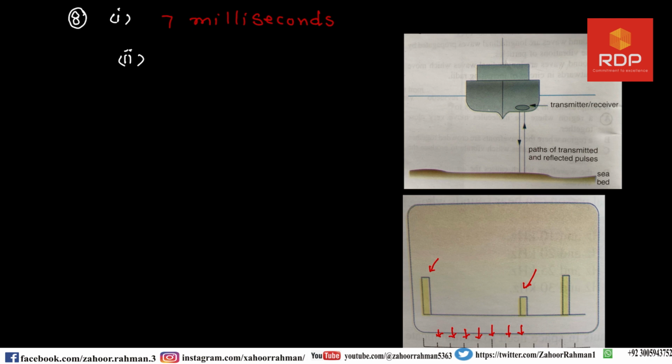Now the second part is saying the speed of sound in water is equal to 1500 meters per second. Calculate the corresponding depth. Depth means the distance the waves are traveling. So we have to find S, and that will be the depth of water below the transmitter.